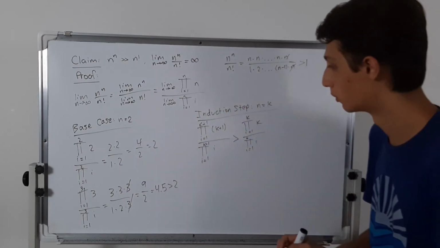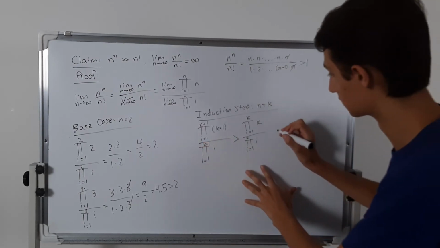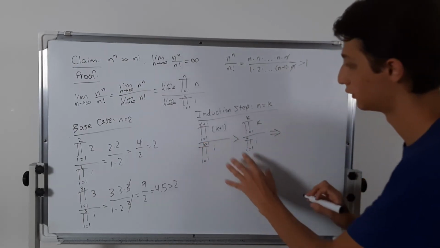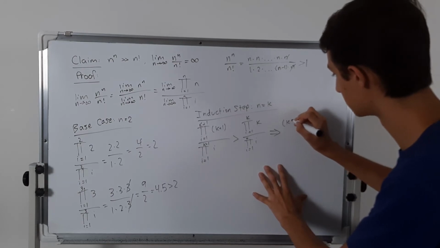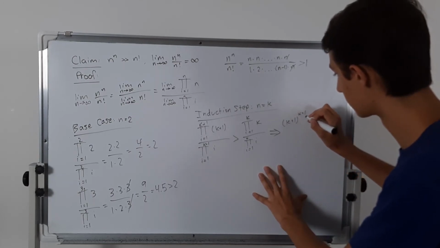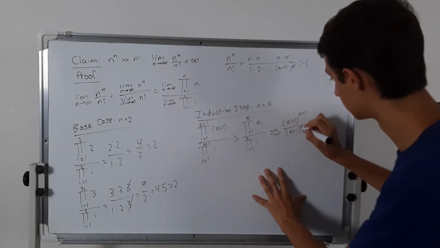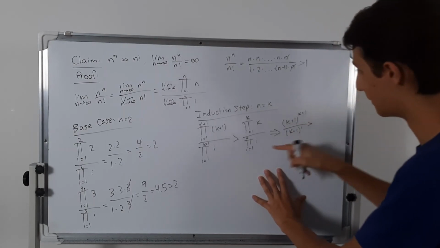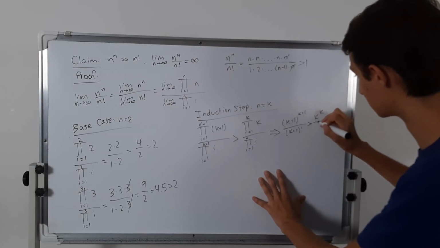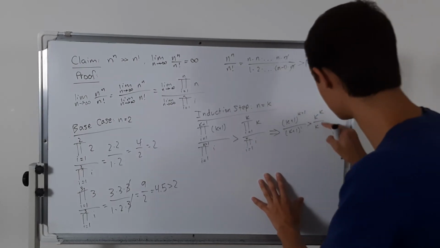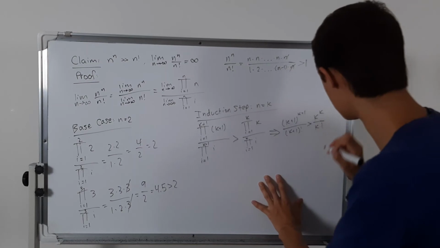We can convert this back into what we had earlier: k plus 1 to the k plus 1 power over k plus 1 factorial, which is a lot easier to work with, greater than k to the k divided by k factorial.